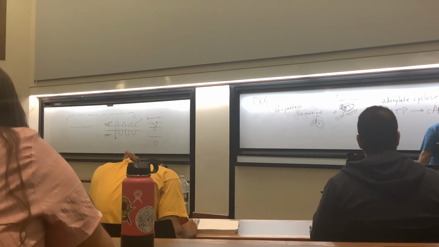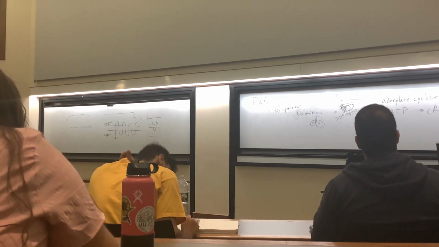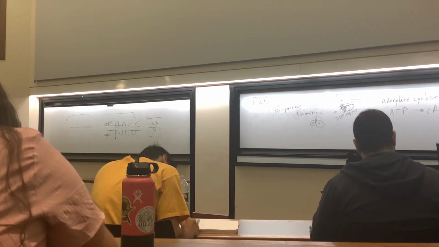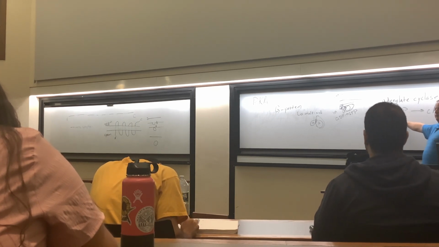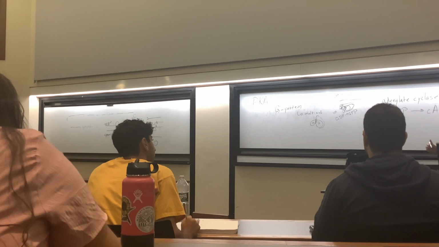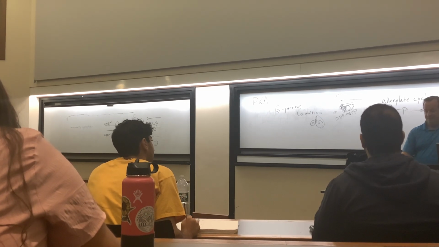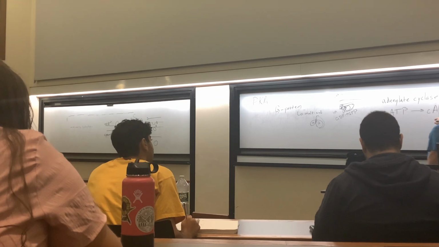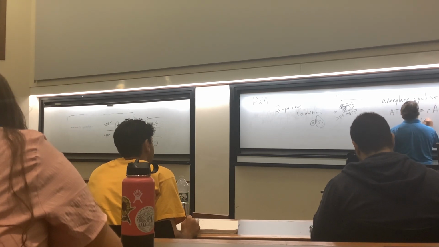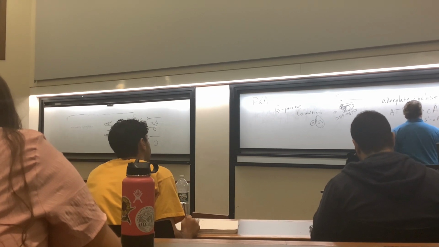plus pyrophosphate, the 2 phosphates. So 2 of the phosphates get removed from ATP, so you have AMP. Instead of just having AMP, you have cyclic AMP. In particular, it is 3', 5' cyclic AMP.